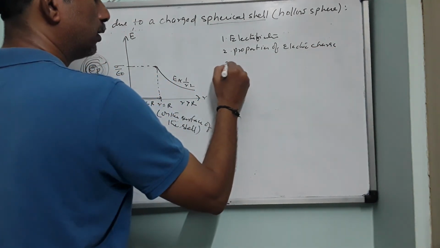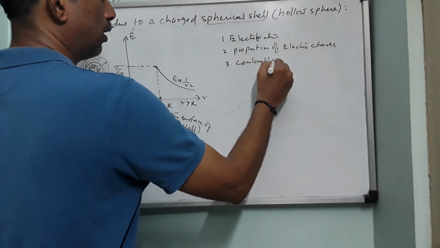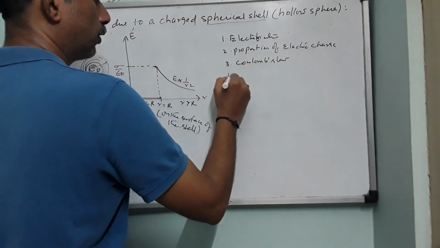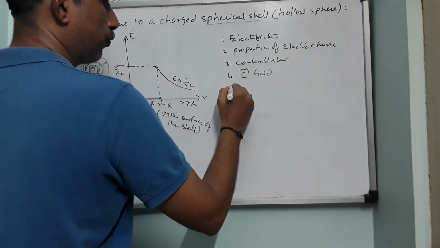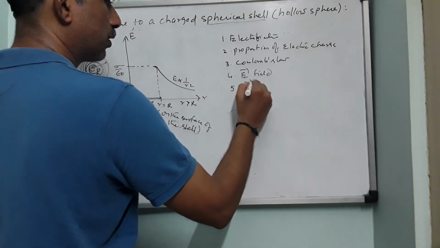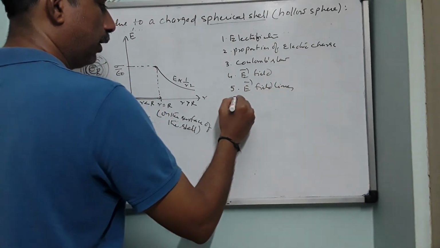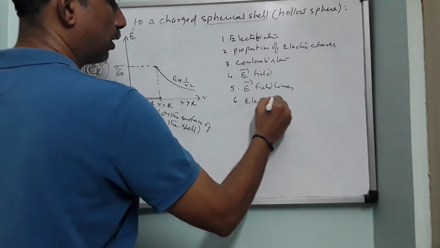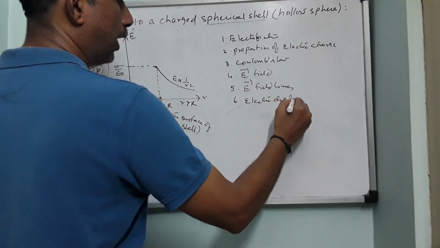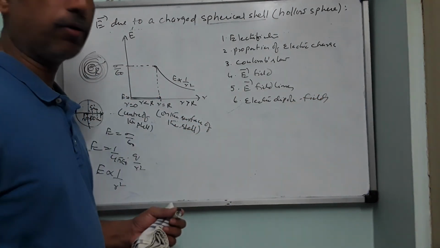Third one is Coulomb's law. Fourth one is electric field. Fifth one is electric field lines, which we discussed with their properties. Sixth one is electric dipole, and its fields on the axial line and equatorial line.